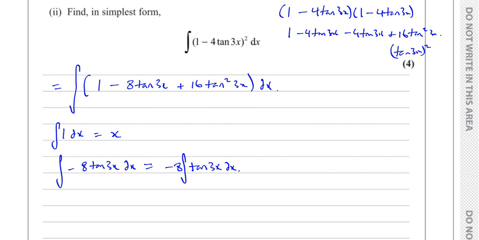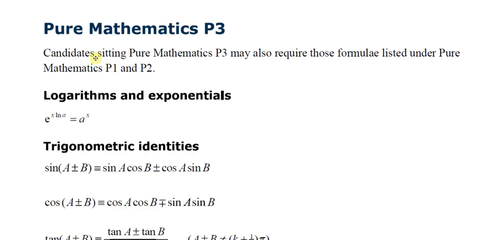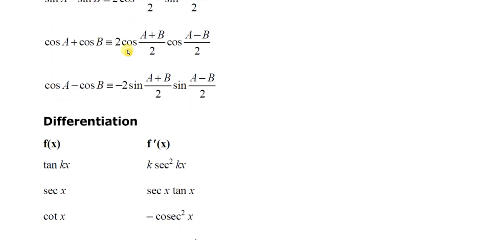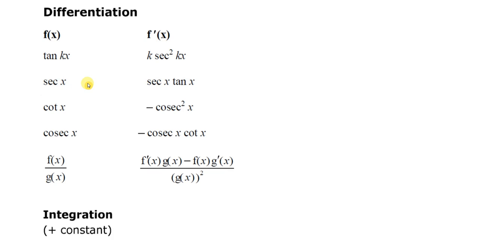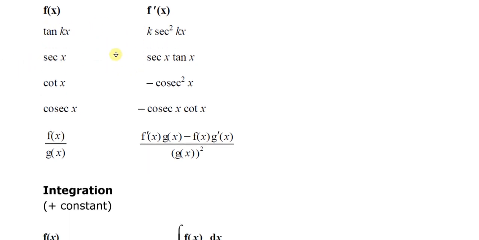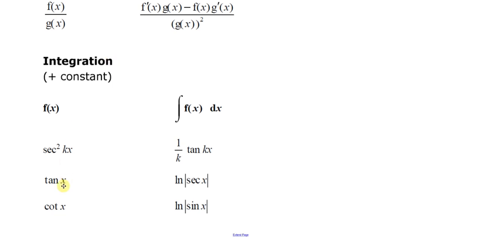So if we go to the formula book for P3, it gives you these different things. There's differentiation, from which we can deduce some of the results that we need as well. And we have integration. They've told us here that the integral of tan x is ln of the modulus of sec x.